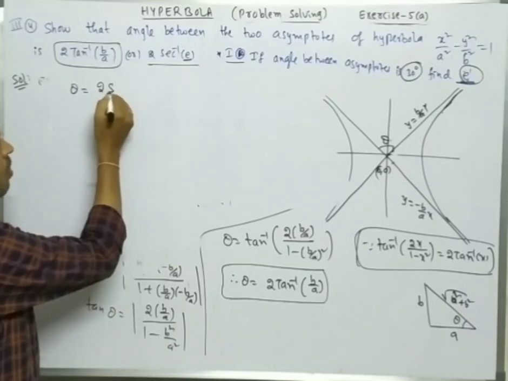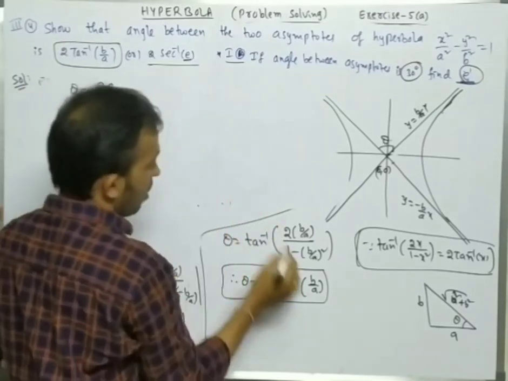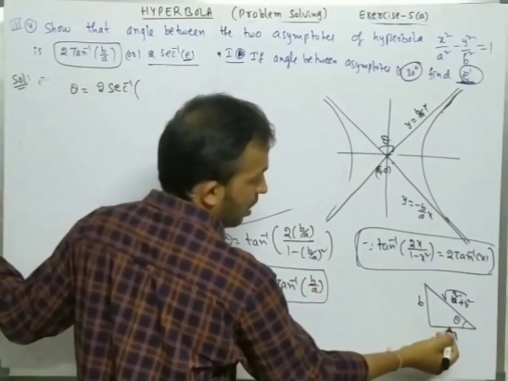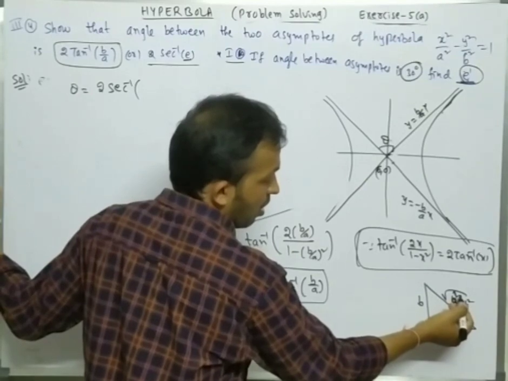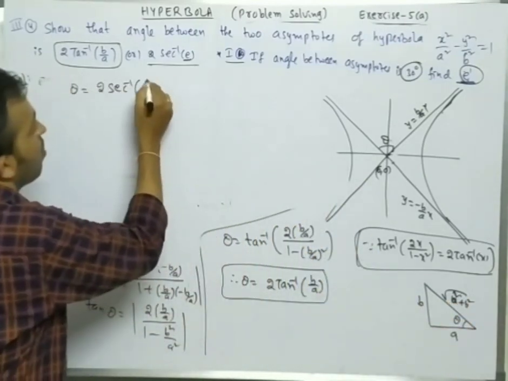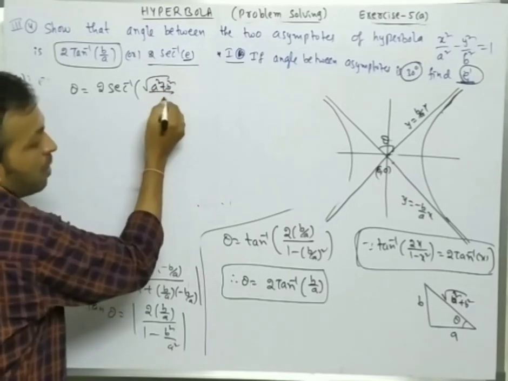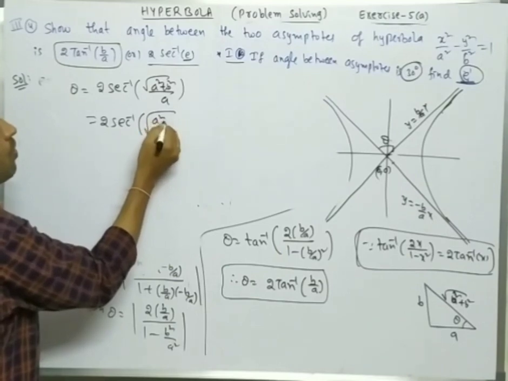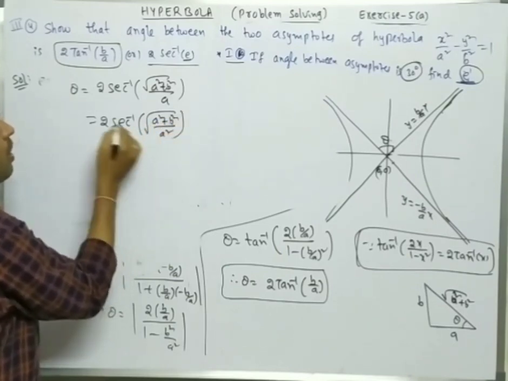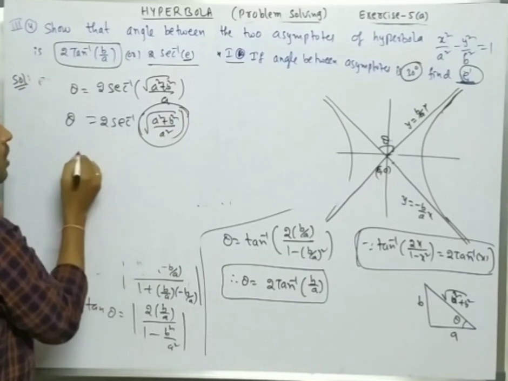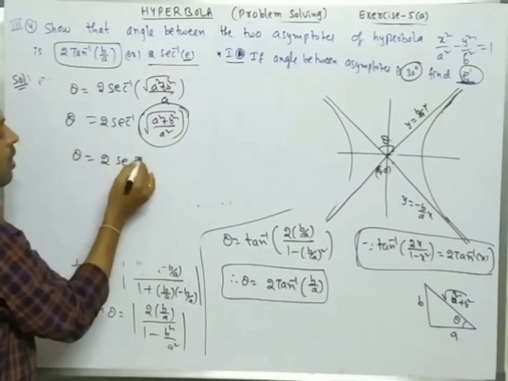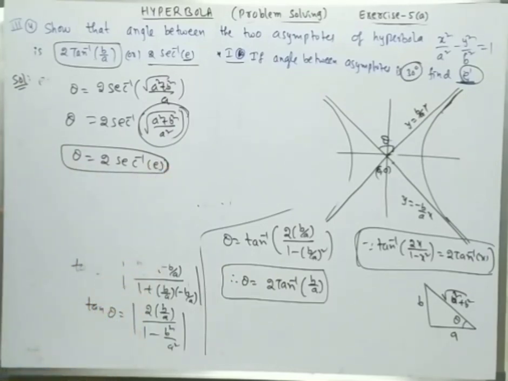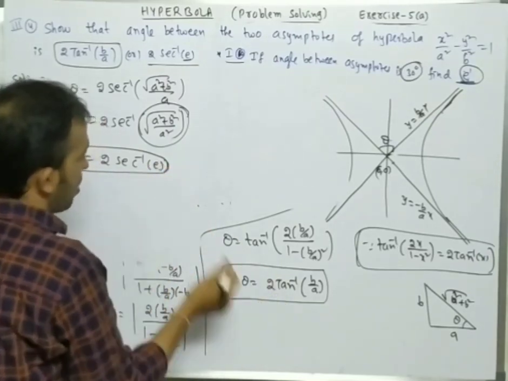If we convert into secant, secant inverse, because secant means hypotenuse by adjacent, so root a square plus b square by a, that can be written as secant inverse of under root of a square plus b square by a square. So this is the formula for eccentricity. So if eccentricity is given, we should use this formula to find the angle between asymptotes, right? So these are the two formulas.